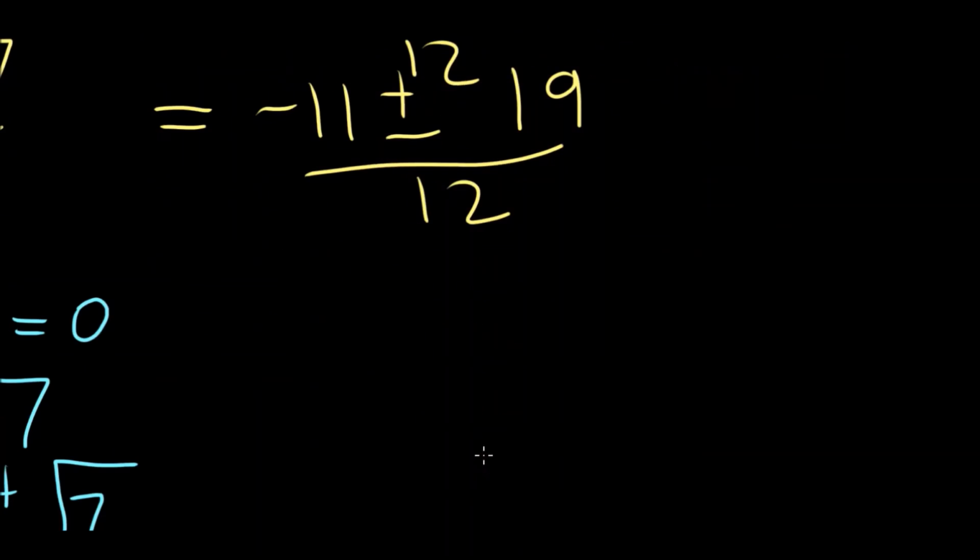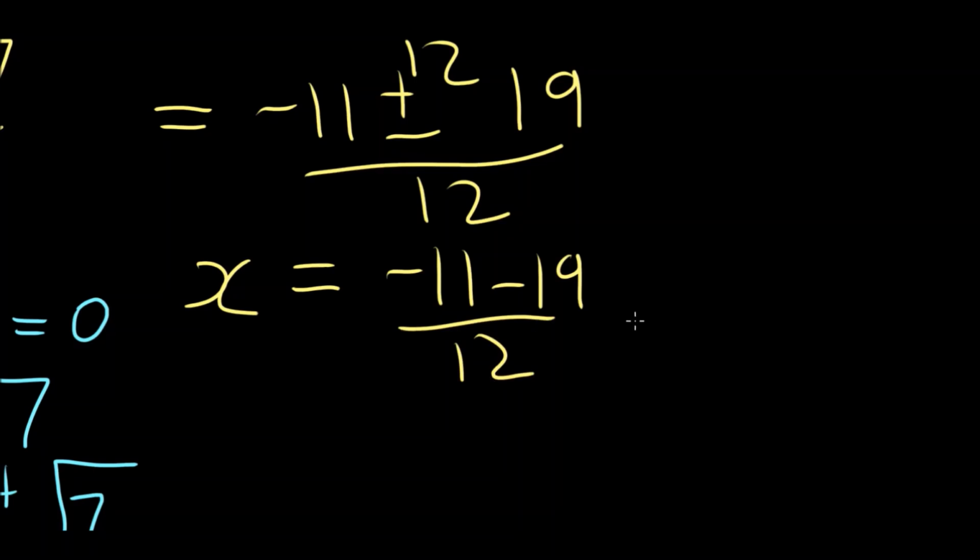Right, we can solve that now. So x will equal minus 11 minus 19 divided by 12, or minus 11 plus 19 divided by 12.